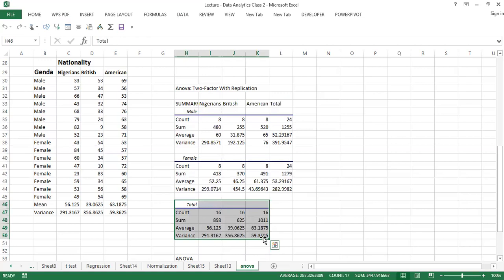You can see the total count is giving you 16, 16, 16, because 8 plus 8. Then the sum is this plus this gives that. The average of this and that gives that. So generally this is just the combination of both of them.